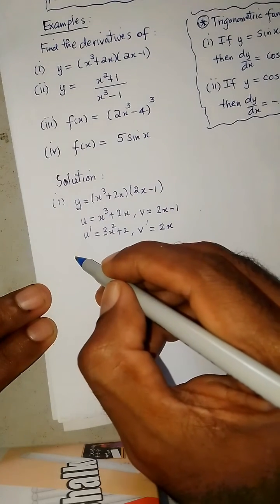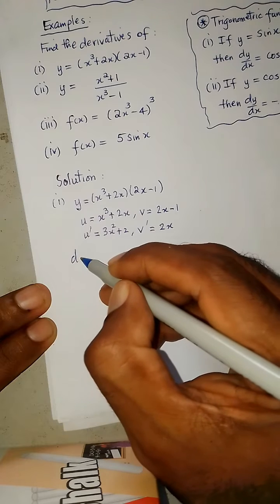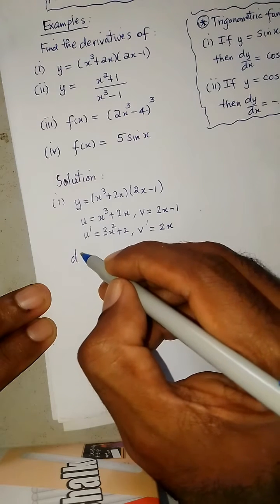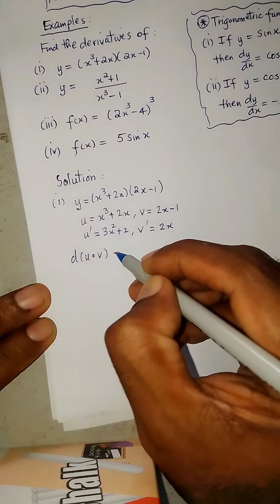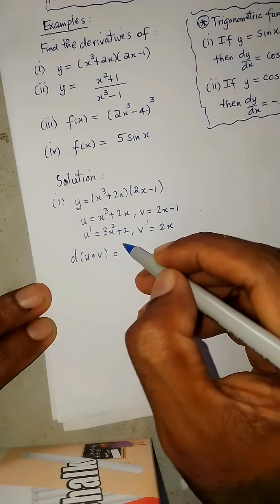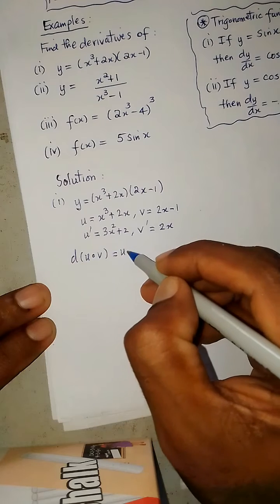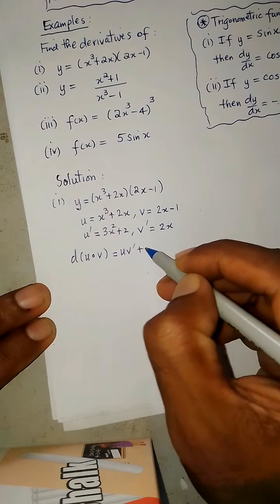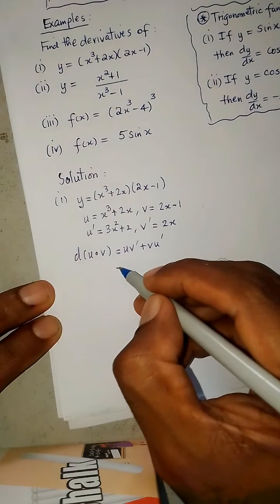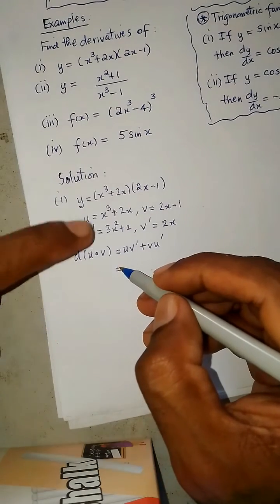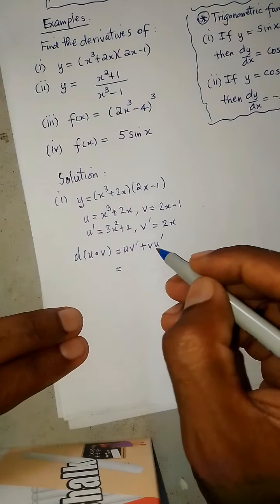Then we apply our product rule. Product rule is given by the derivative of u times v is equal to u multiplied by the derivative of v plus v multiplied by the derivative of u. Then we just simply substitute all of those above into our equation.